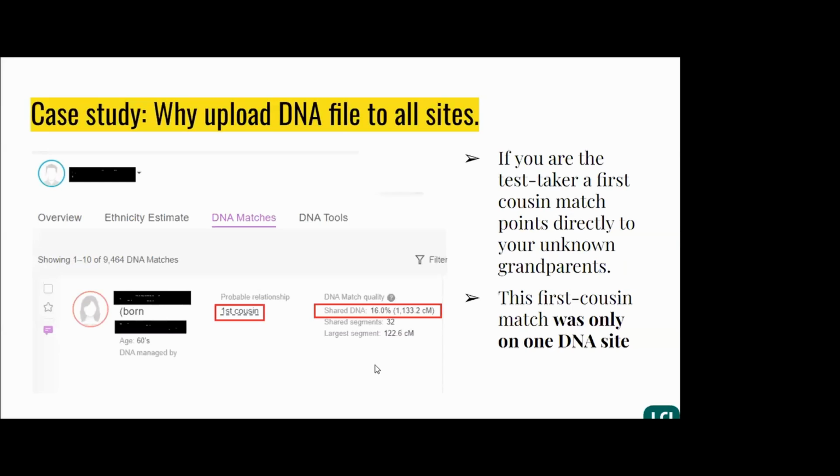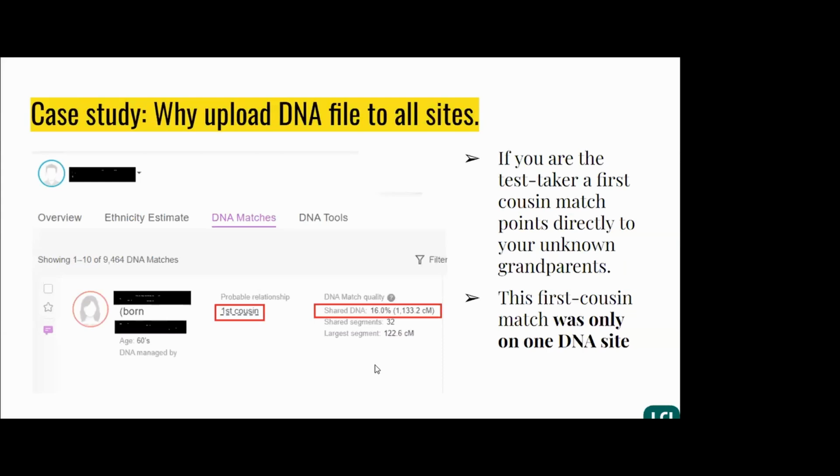Well worth spending that, because it does give you access to tools on their site that you'll need in order to do the work you have to do with the DNA matches. It is a one-time fee. There are no hidden costs. Once you've paid that, then you have access to all the tools.